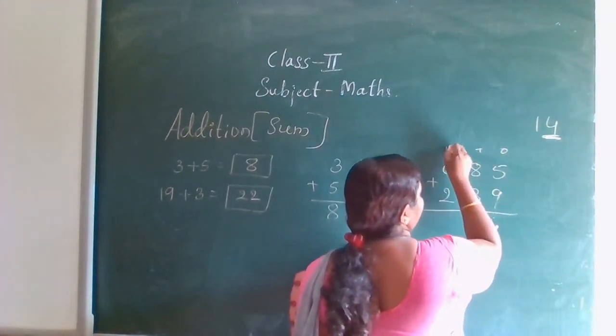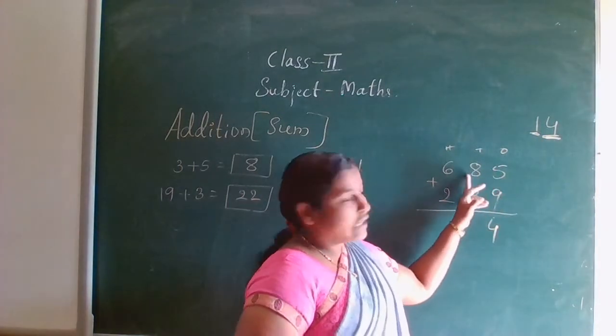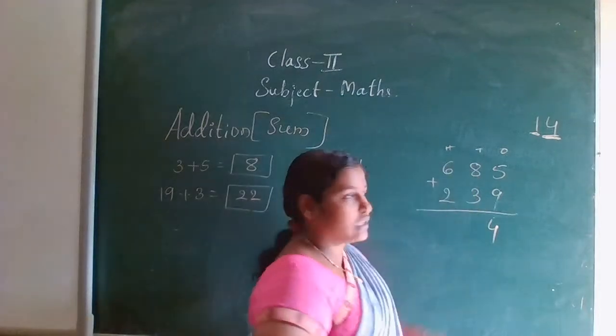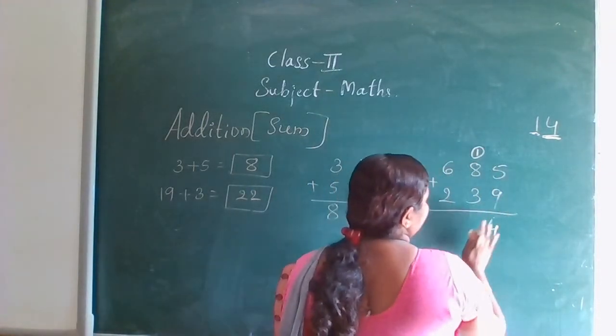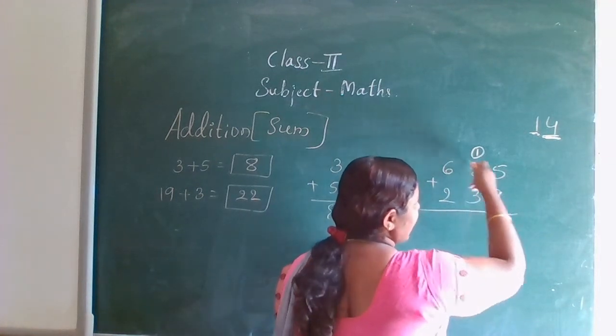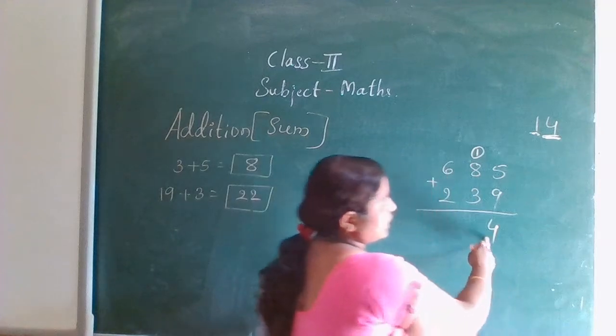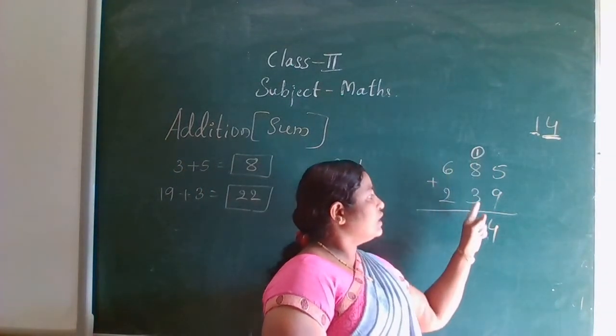Ones, tens, hundreds. And this one you should give carry to the next number, that is 8. This one you should write here on the top. 9 plus 5, 14, 1 is carry and 4 has written in ones place.